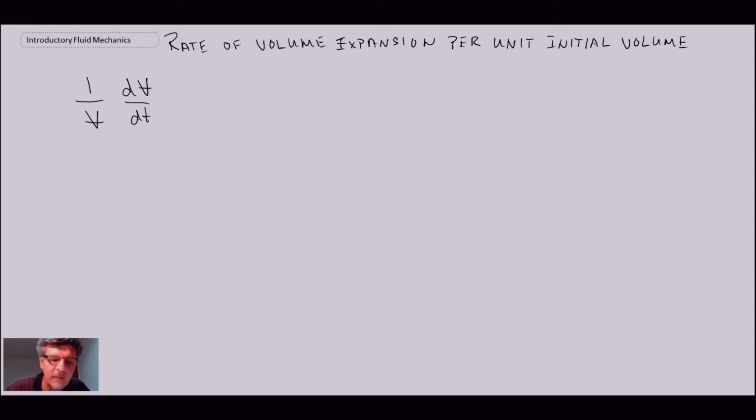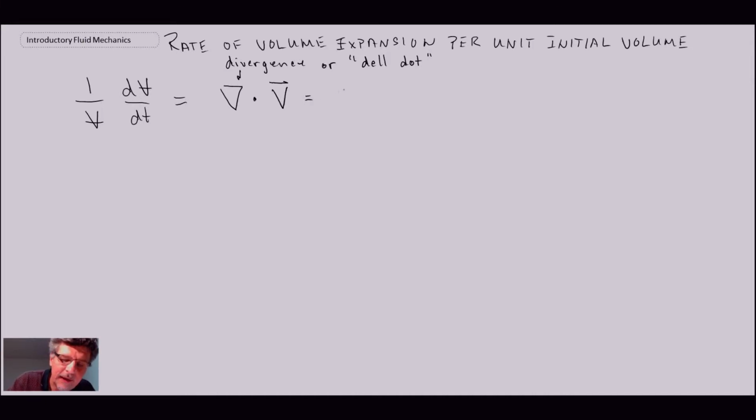That's why we multiply it by 1 over V. Now in fluid mechanics, we can express this with an operator, del dot. And del dot is the divergence of the velocity field. Sometimes you'll hear it referred to as del dot.